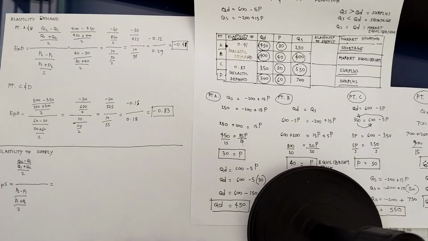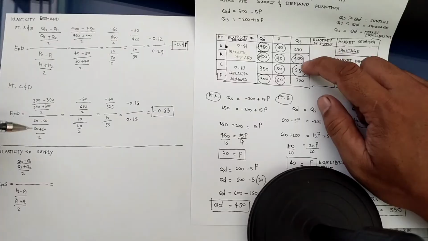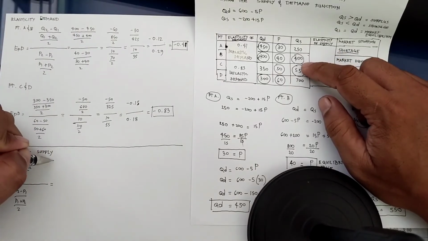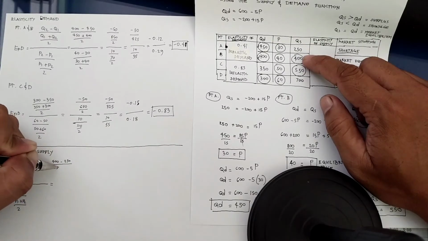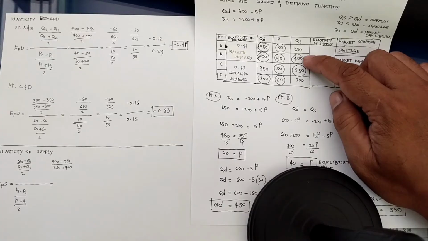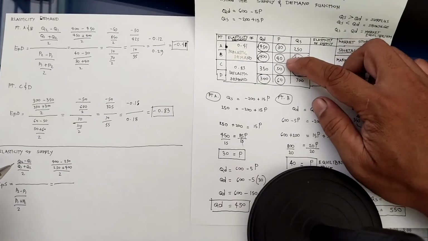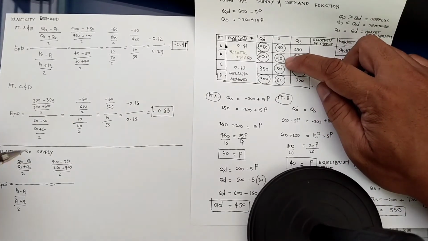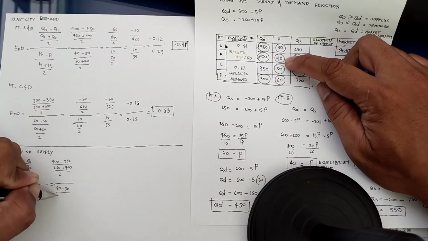Okay, so this is our Q2, this is our Q1. So that would be 400 minus 250 over 250 plus 400, then over 2. Then for P, still the same: 40 minus 30 over 30 plus 40 over 2.